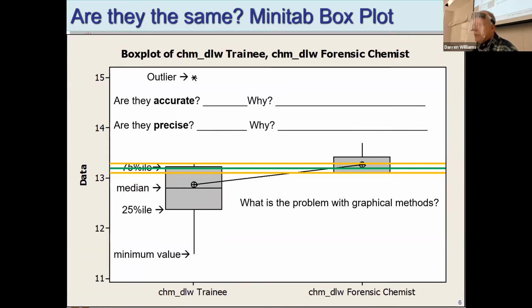So this is a box plot. And so notice there's no individual data points. It's just the mean, the median, the middle 50% data points are inside that box. So 25% of the data is below or above, and then 50% of the data is in the box for each of the analysts. The line in that box is the median. You see it's labeled here.